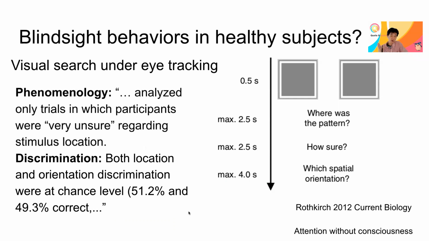The spatial orientation was either left or right, and the location was one of the locations. So there was no hint of conscious discrimination, and the subjects said they didn't see it. They discarded the trials where they had some hint of seeing, even really briefly.